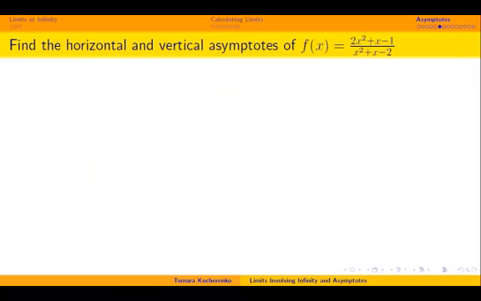Our last example is to find all asymptotes, horizontal and vertical, of the rational function f equals 2x squared plus x minus 1 divided by x squared plus x minus 2.